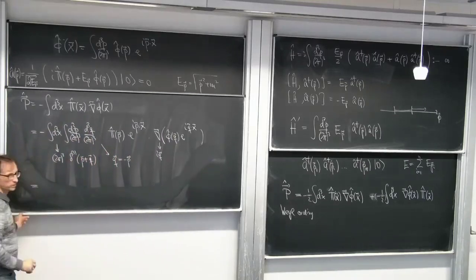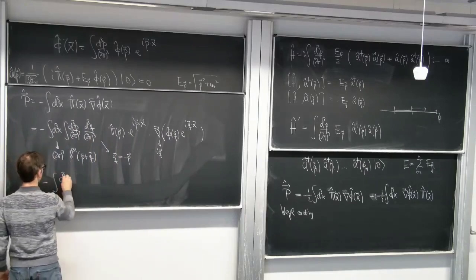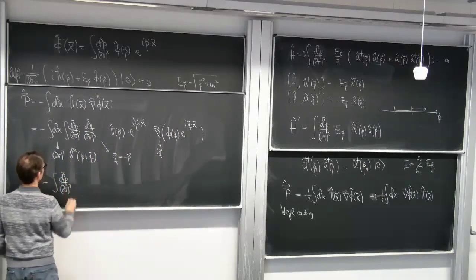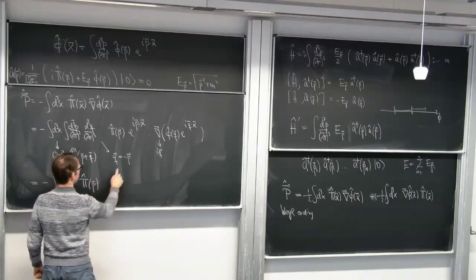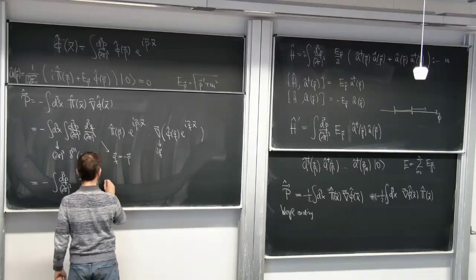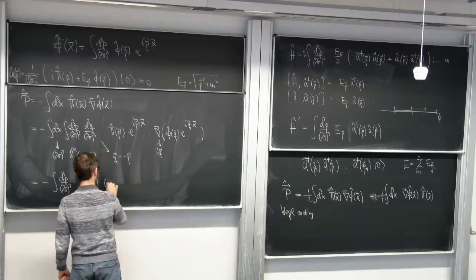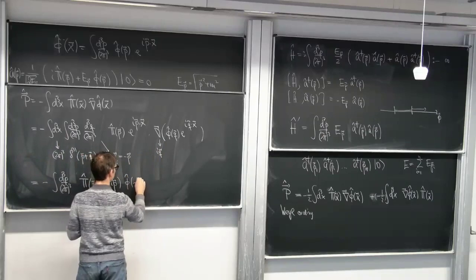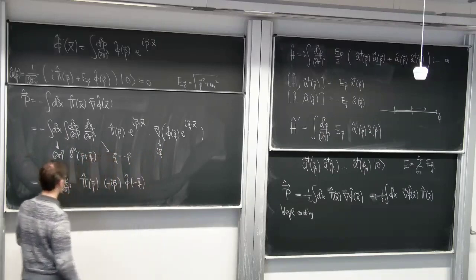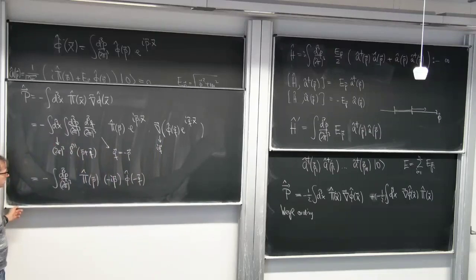So doing it all at once, because we've done it last time, this is minus the integral d3p over 2 pi cubed, pi of p, then we have i, q is minus p, and then we have phi of minus p, and the exponential is gone. This 2 pi cubed is there.